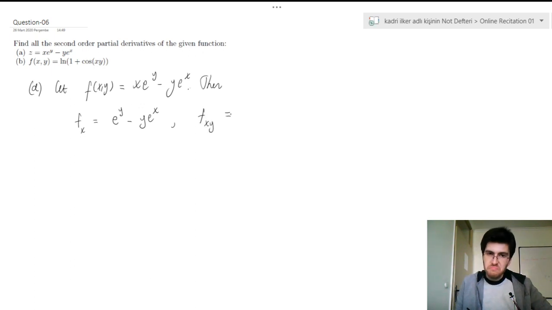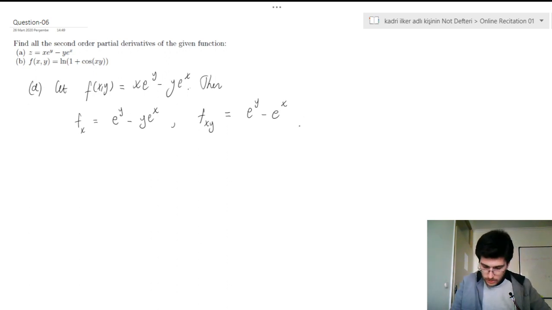Then let's differentiate this function with respect to y. Then we have e to the y, but now we consider x as a constant, again your favorite constant, and therefore this is just e to the x.